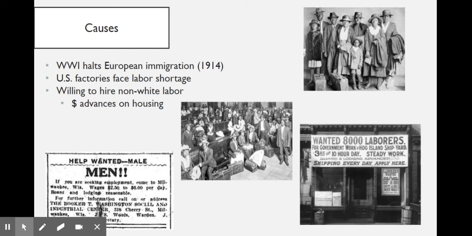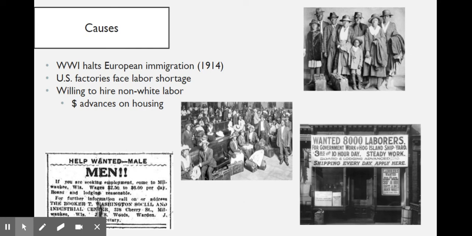But for people who could leave, even if you had the money, you were going to go across the Atlantic at a time when you had submarines taking out ships. I mean, it would have been a dangerous journey. And so you had essentially no immigration, and certainly not in the numbers that you had been seeing for the last 25 years. So, what do these factories do? They have a labor shortage.